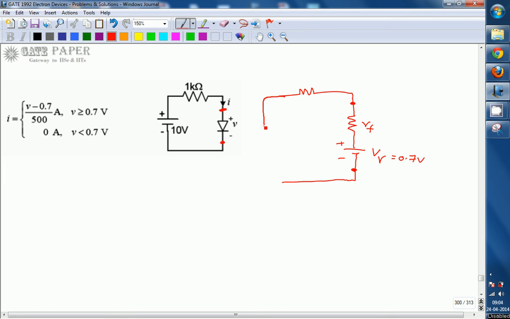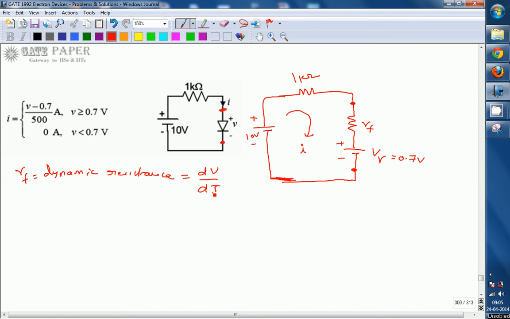It has been connected to 10 volts, and this resistor is 1 kilo ohm, and the current flowing through this is I. RF is the dynamic resistance, which can be calculated by using dV by dI.